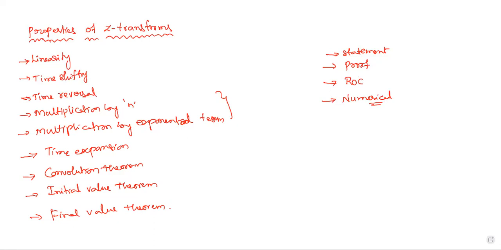Now, the first property is the linearity property. We are already familiar with this property. Now x1 of n has Z transform X1 of z, and x2 of n has Z transform X2 of z.